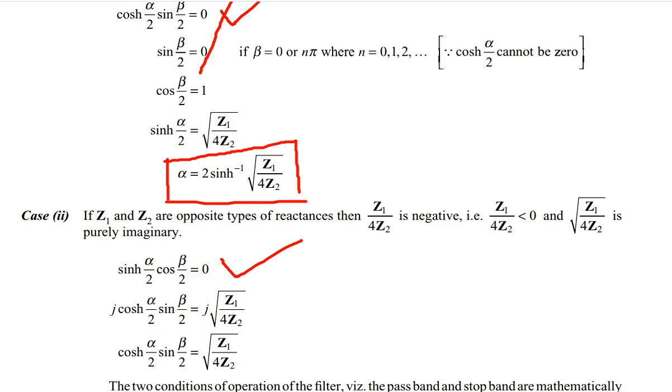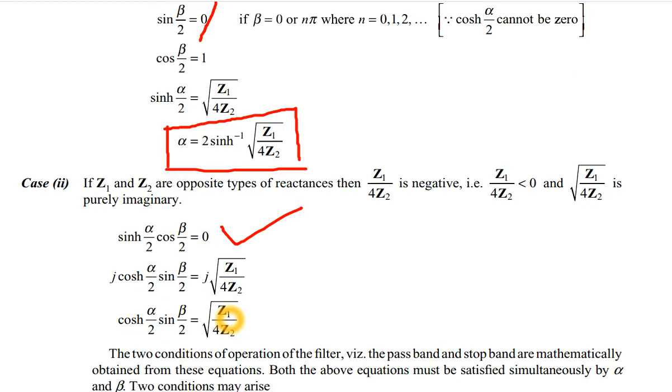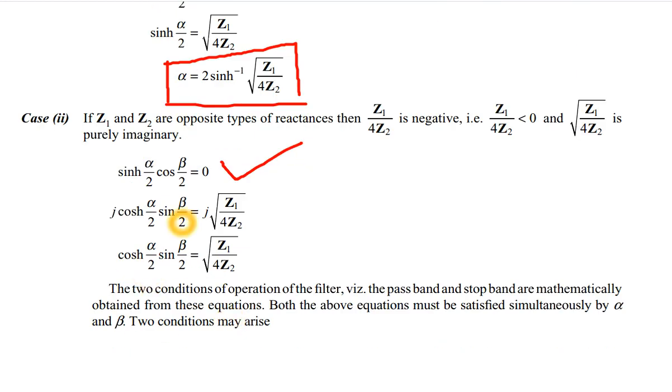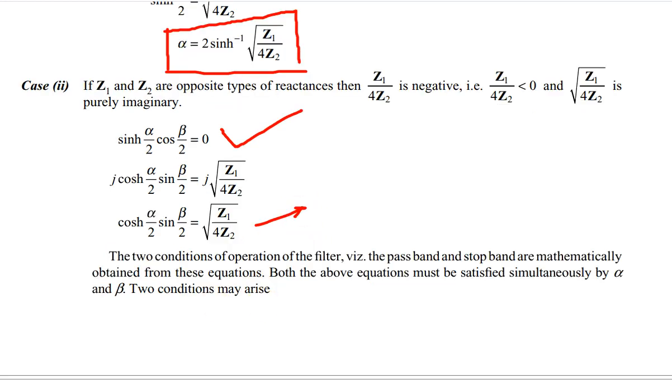With that, this will be equal to this, and then j will be cancelled. You will get this in the end. So the two conditions of operation of the filter, with respect to the pass band and stop band, are mathematically obtained from these equations. Both the above equations must be satisfied simultaneously by alpha and beta.